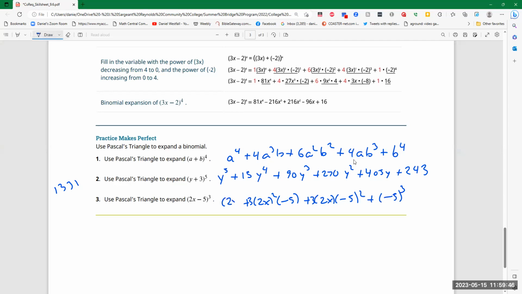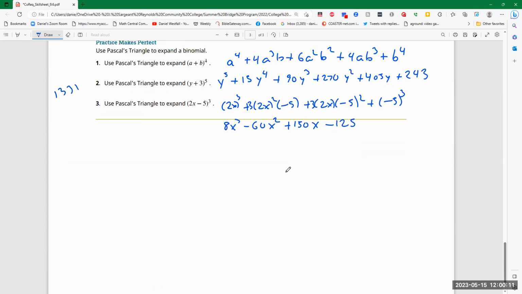Be consistent here. 8x to the 3rd. 4 times 3 is 12, times the -5 is -60. 25, 50, 150. That's minus 125.